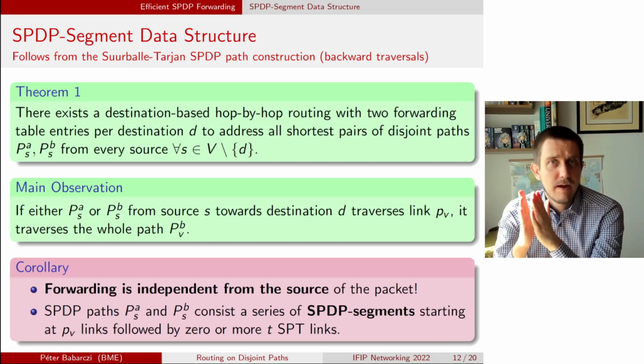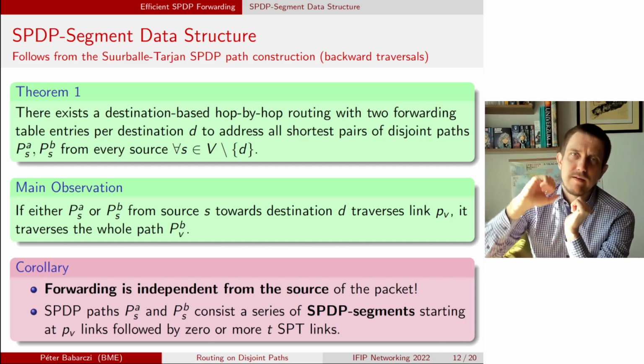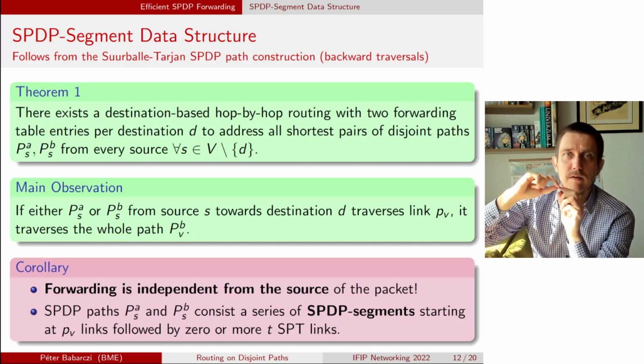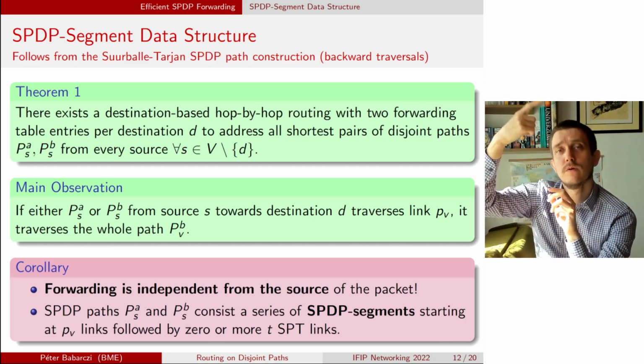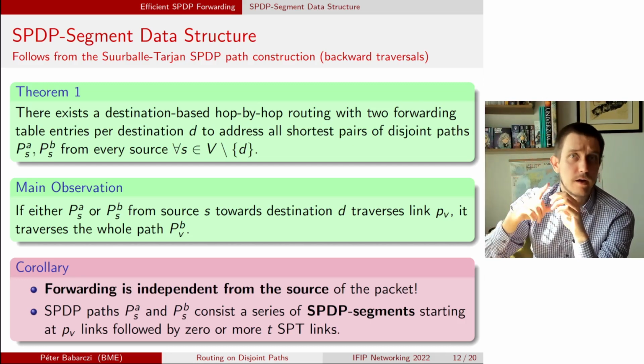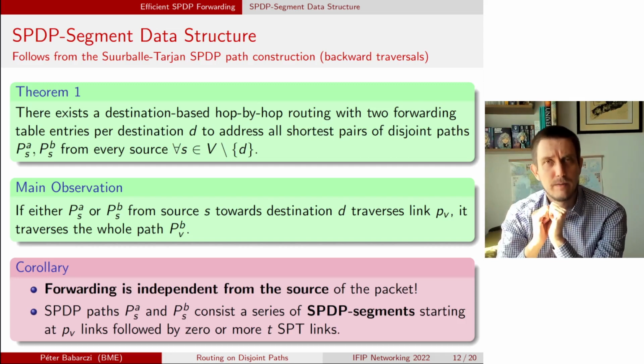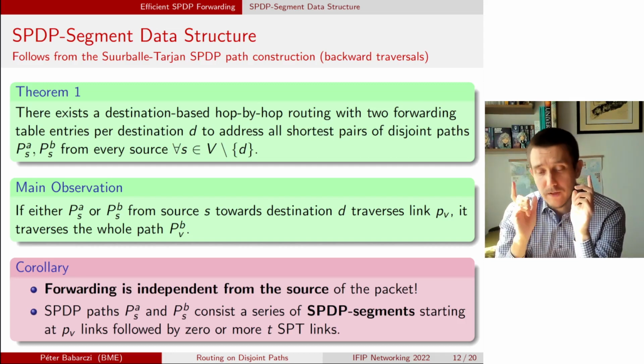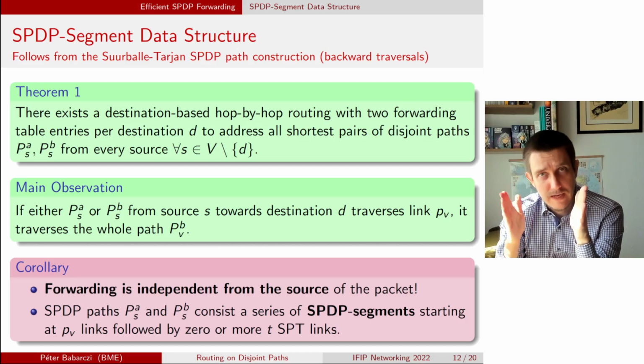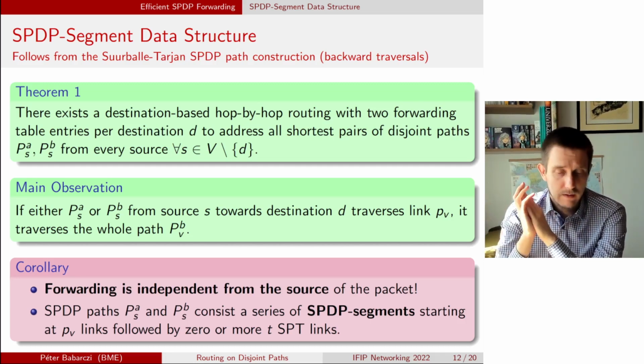Because if we use this backward traversal, after we use the P link, after that we go to the Q of this link, regardless of where the packet started. So in this case, we can decompose the whole path into these segments, and we do not have to care where the packet came from.